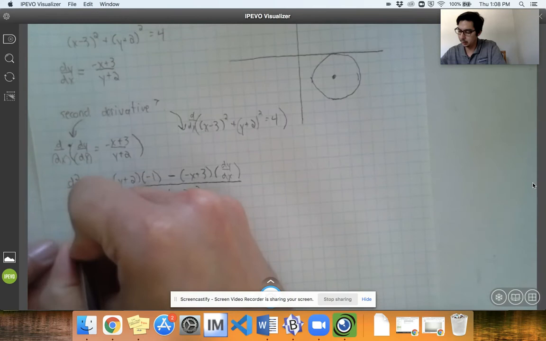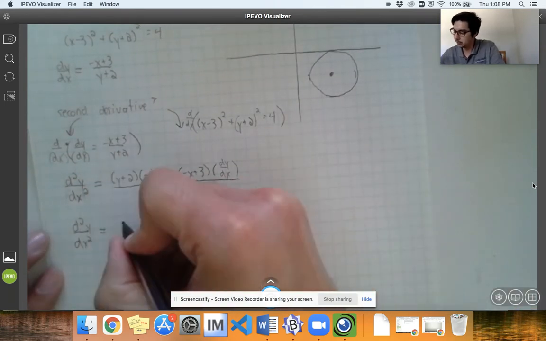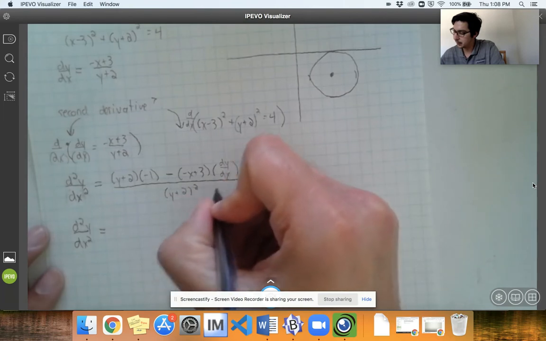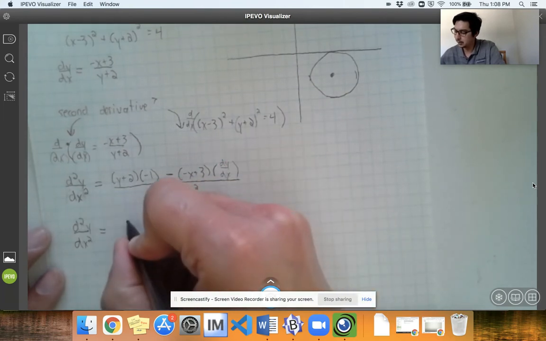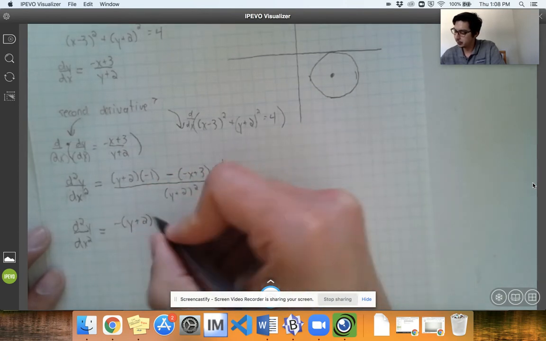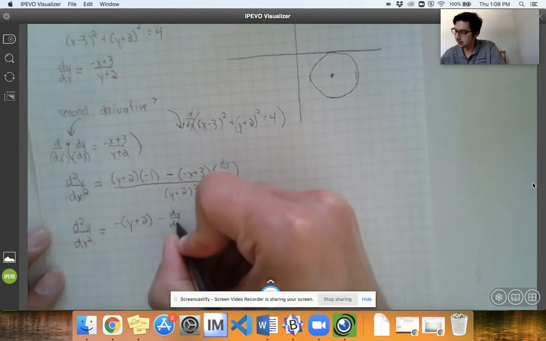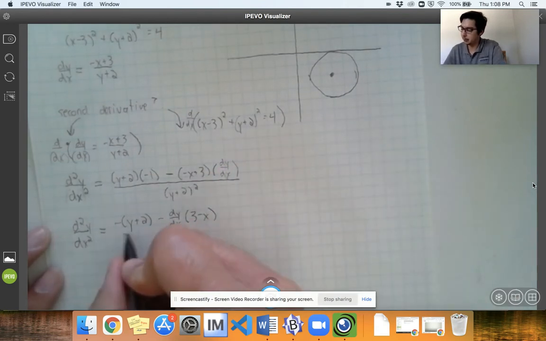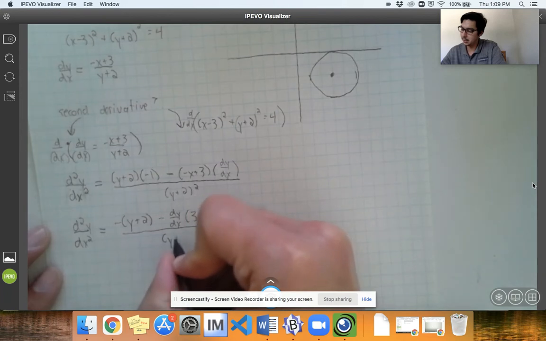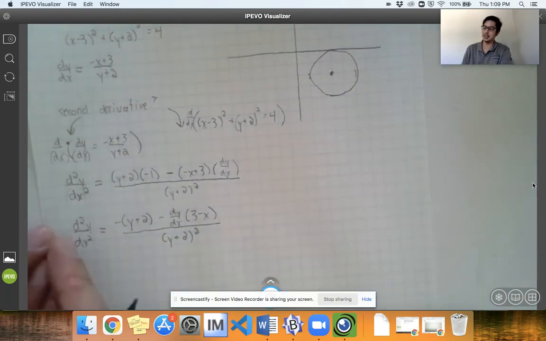Just cleaning this up a little bit, the second derivative is going to equal, I'm actually going to put this in front because this is going to make this positive. It's going to be negative (y + 2) minus dy/dx times, switch that around and make it (3 - x) for purposes of easy to read. So we can see the second derivative relies on the first.